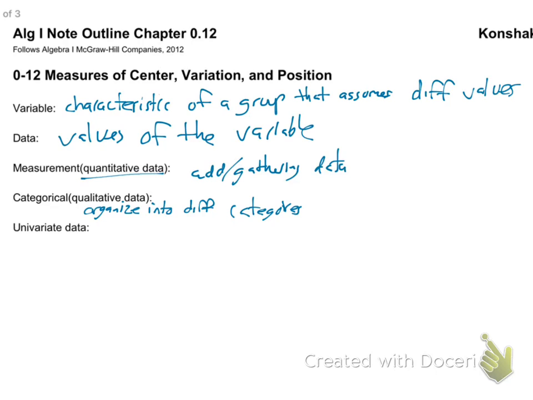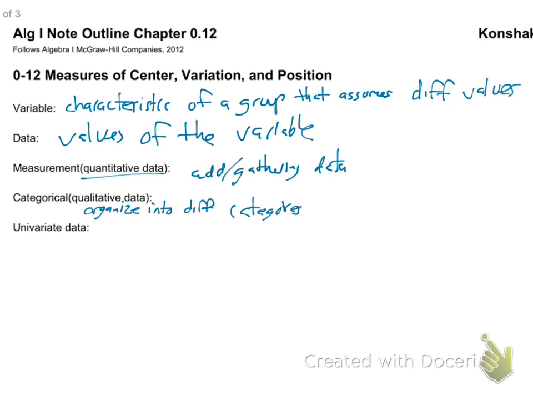Categories of red, blue, white. So we can find out how many people like the white. If you back up a little bit and say we're going to categorize it into people liking the white ones, the blue ones, or the red ones, that would be categorical data. Now we just have this type of data, and then you can dive into it and ask how many people like that.